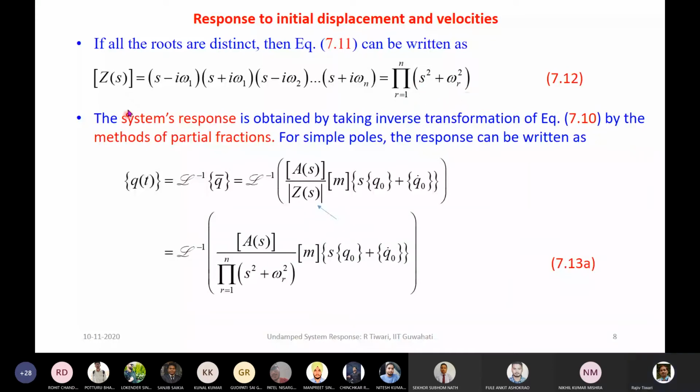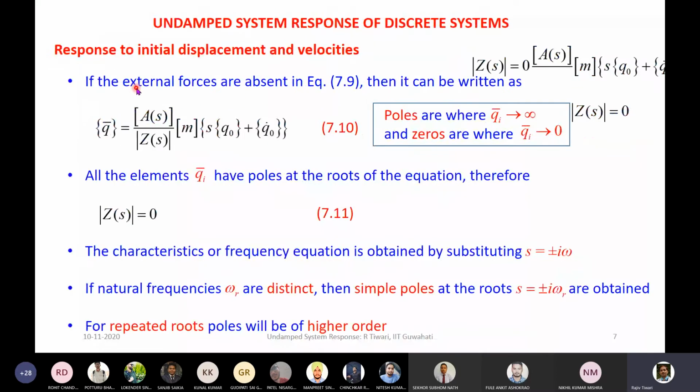So you can see the first two terms will give us s square plus omega 1 square. The next two will give s square plus omega 2 square, like that. That is the compact representation. So this Z, which is there in the denominator and gives the natural frequency, can be written like this.